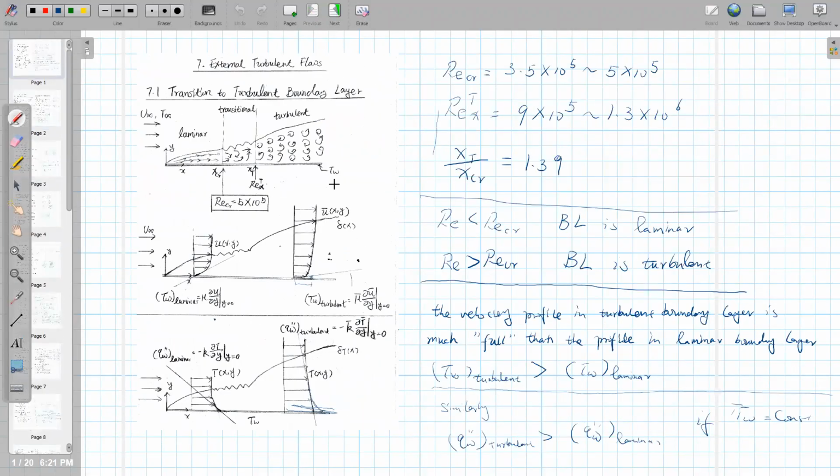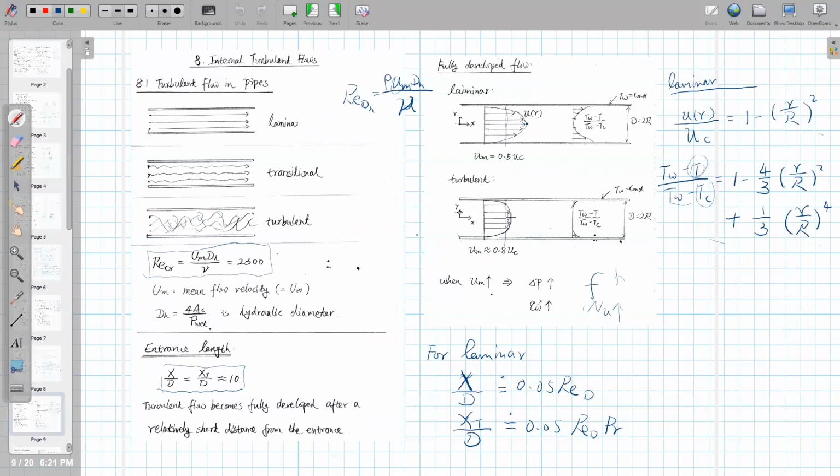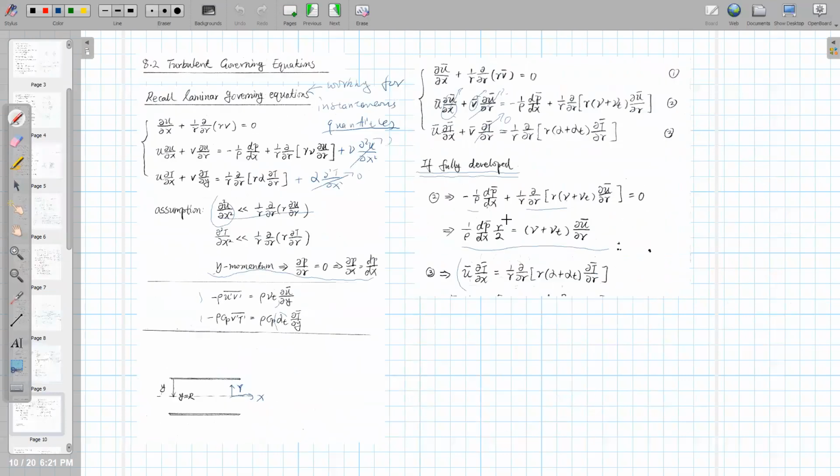For the laminar boundary layer, the profile is more full than this one, and for the velocity profile in the internal flow, the centerline velocity will not be as high as in the laminar cases. You need to know this, and also how the Cf or small f friction factor values change, and how the Nusselt number changes when you have this turbulent field.